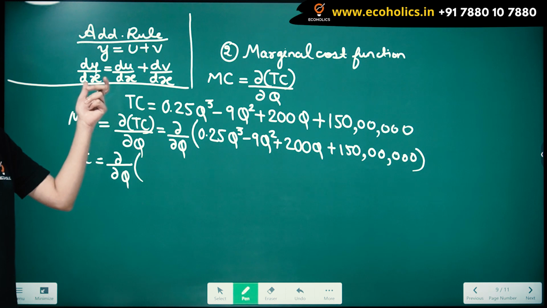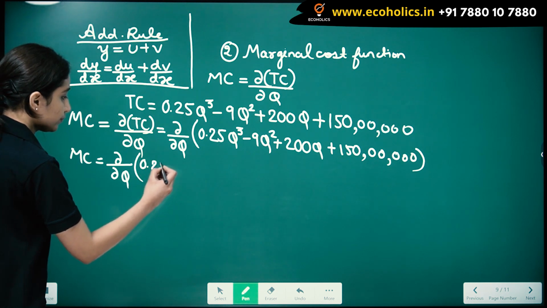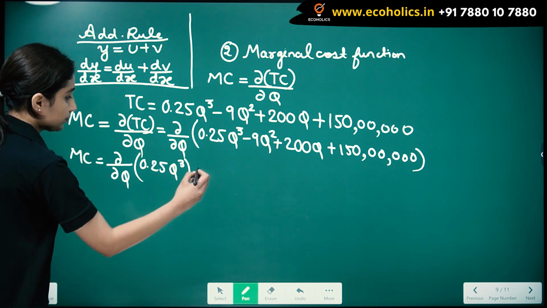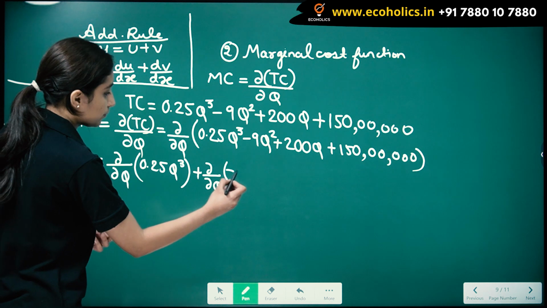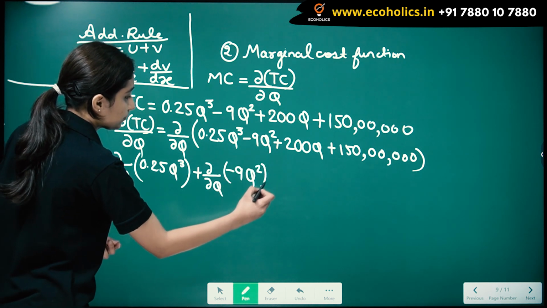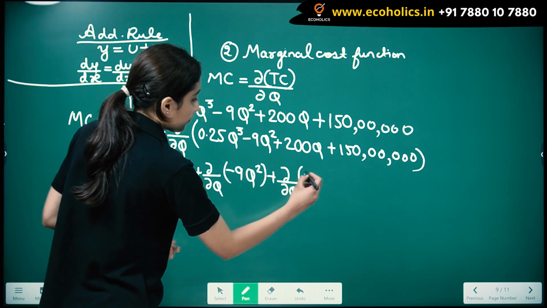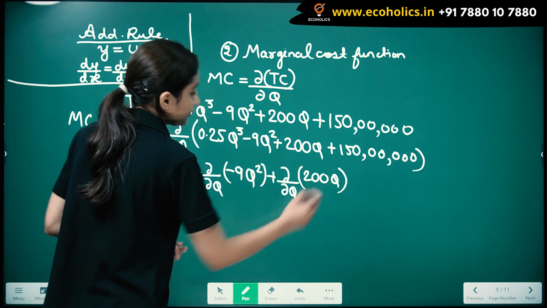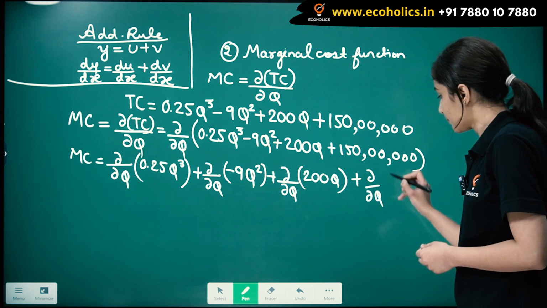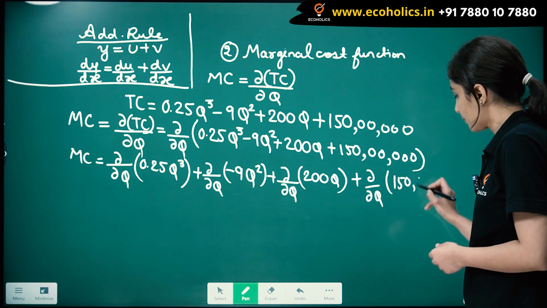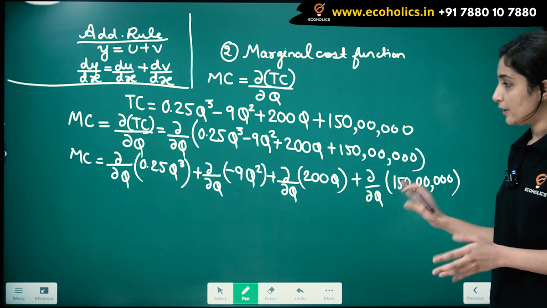So here we have used the addition rule of differentiation.